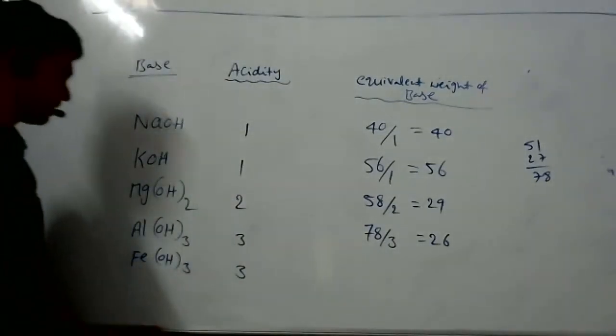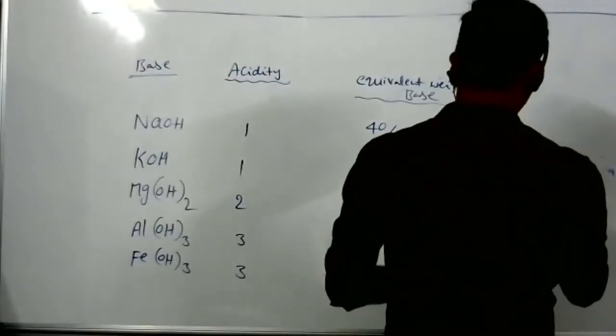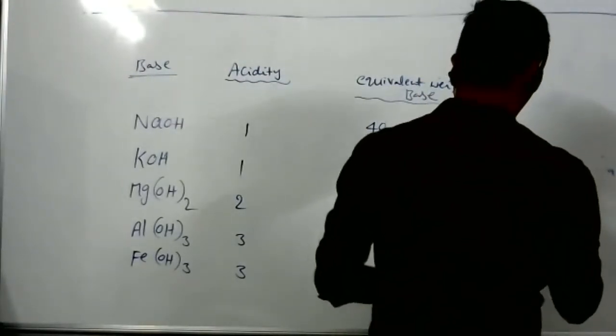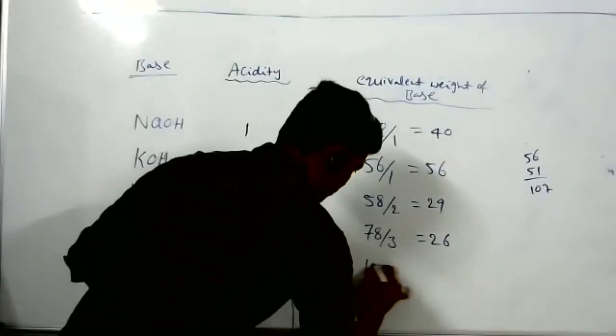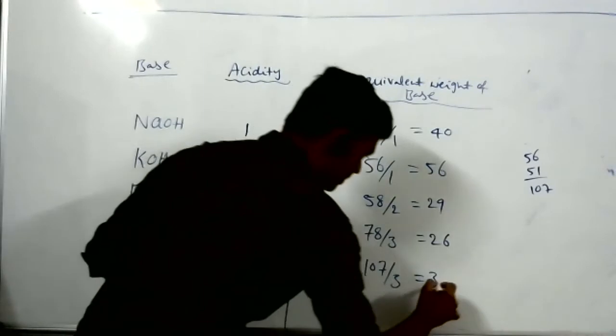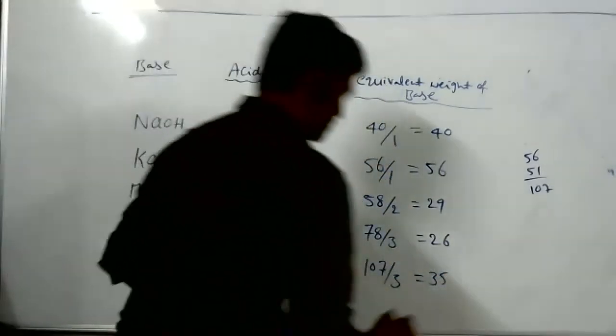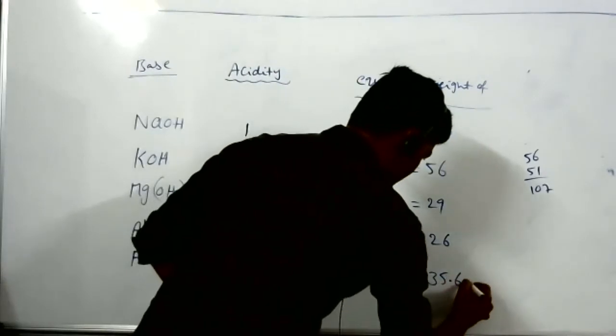Next, ferric hydroxide. Iron mass is 56, plus 51 is 107. Divided by 3 gives 35.6.